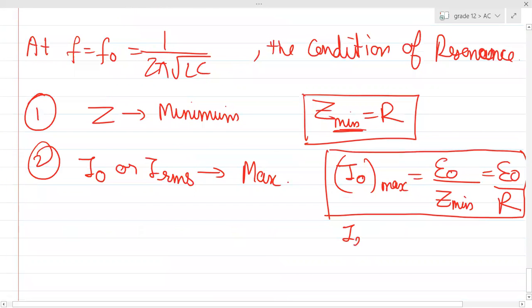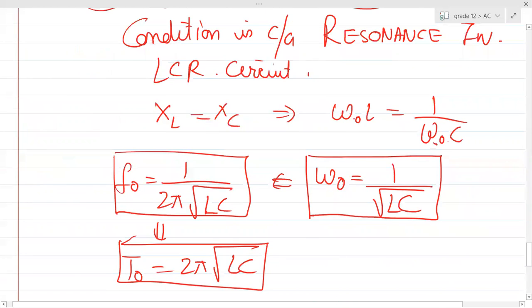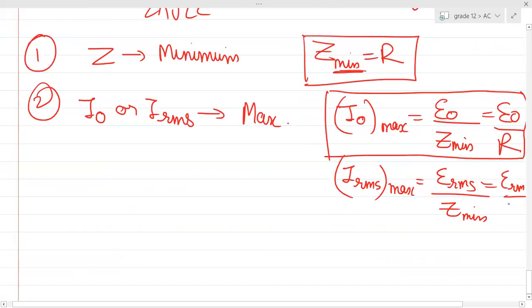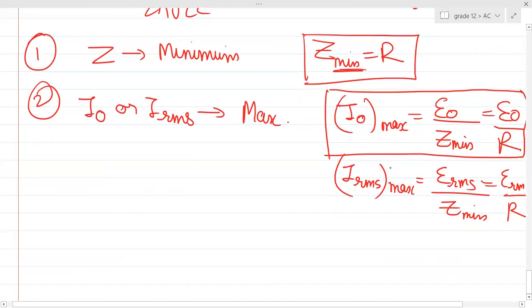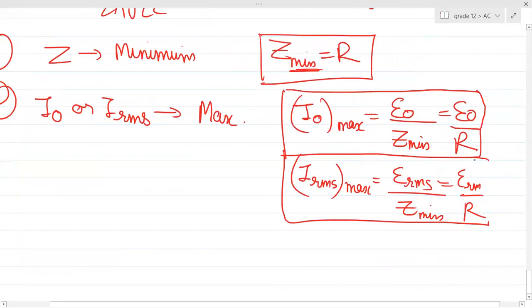Similarly, the maximum value of IRMS will be ERMS by minimum Z, which equals ERMS divided by R. Is this clear? Yes, sir.